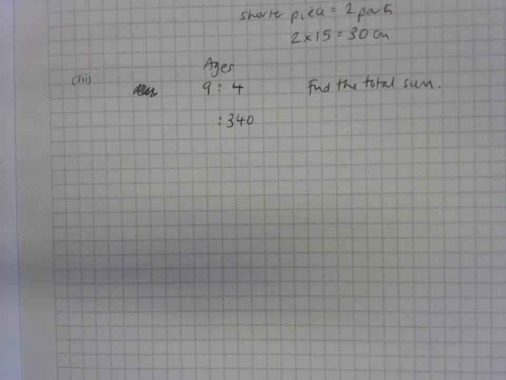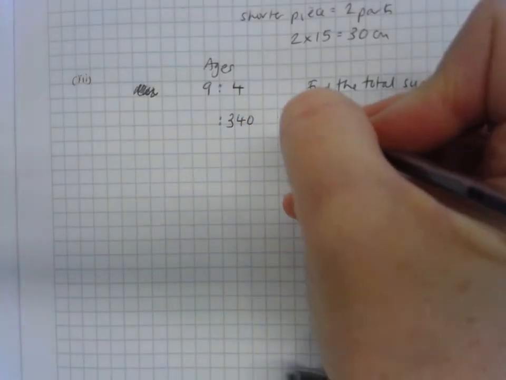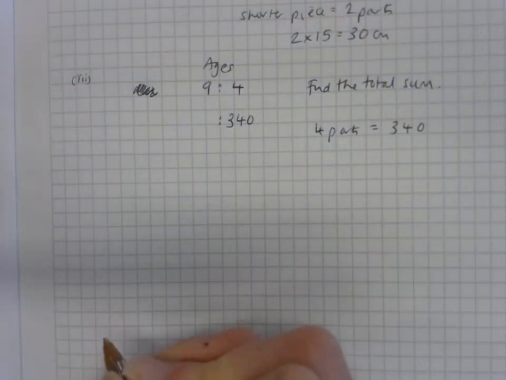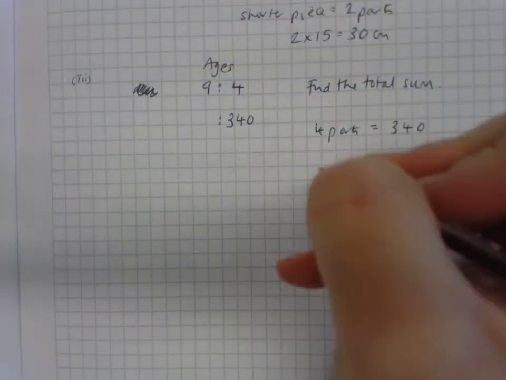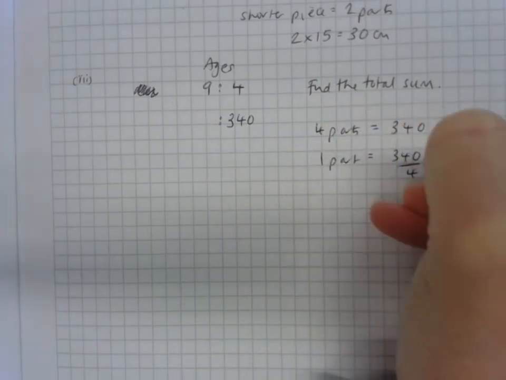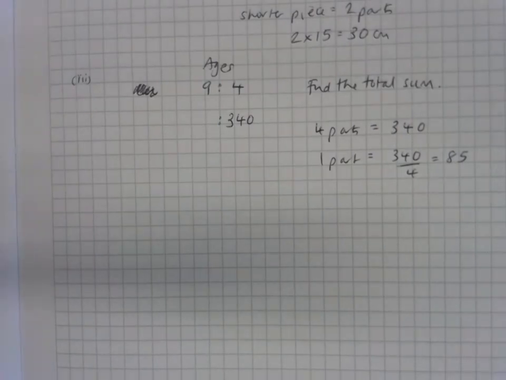So the youngest child got 4 parts and they got 340. So 4 parts must equal 340. So it would be helpful to find out what 1 part is. So 1 part is 340 divided by 4, which is 85. So the other child must have got 9 of those. Isn't that right?